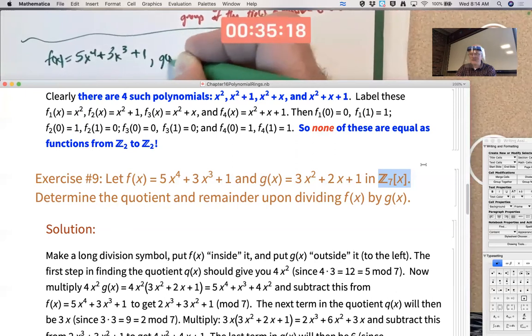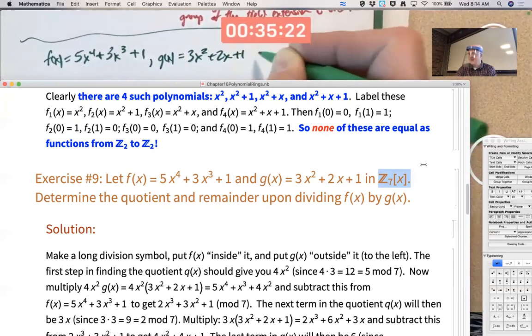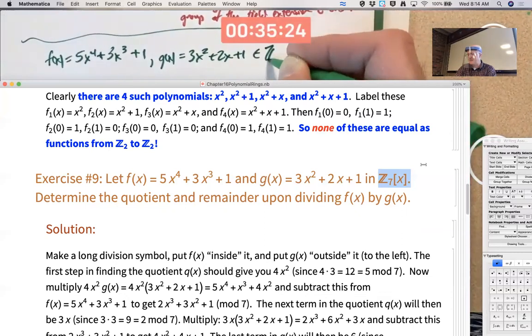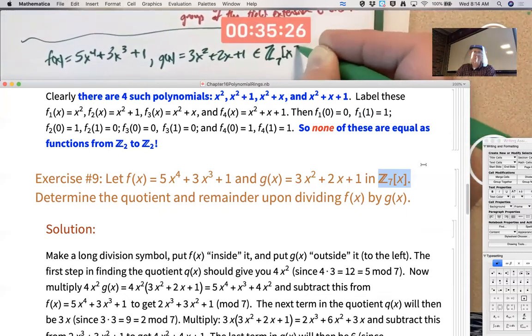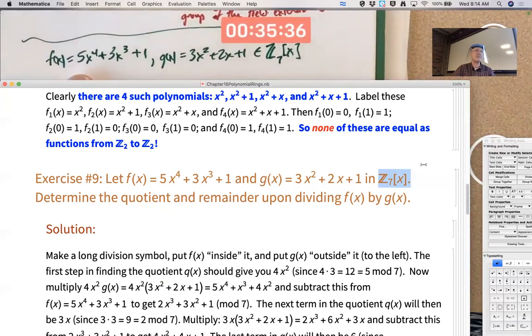And g of x is 3x squared plus 2x plus 1. And I am thinking of these as being elements in Z7[x]. Of course, I could think of them as being elements in Z8[x] or Z9[x] or whatever. Even Z6[x]. Even Z5[x] if I replace the 5 with a 0. We're doing mod 5 arithmetic, but we're going to do mod 7 arithmetic.